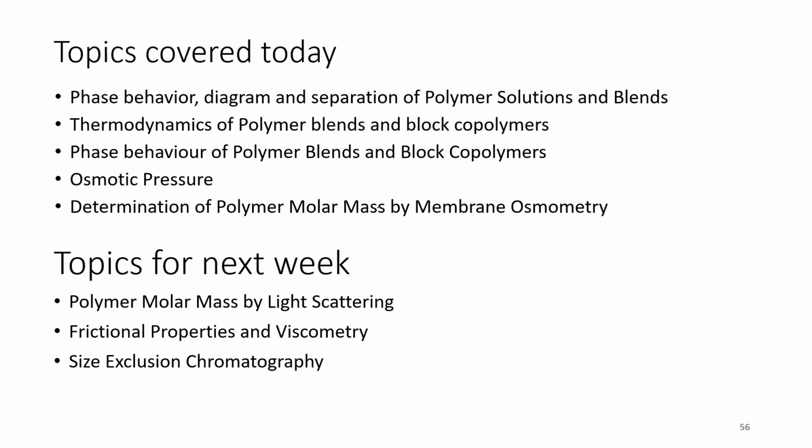And then we discussed the phase behavior of polymer blends and the block copolymers. Means we discussed the different phases when a polymer is in the blended form or in the copolymer form. We discussed that it converts from the sphere to cylinder when we increase the volume fraction of A, and then we get the gyroid and the lamella, and then if the volume fraction of A is further increased, the system will go from the lamella to the gyroid and then to the cylinders to the sphere.